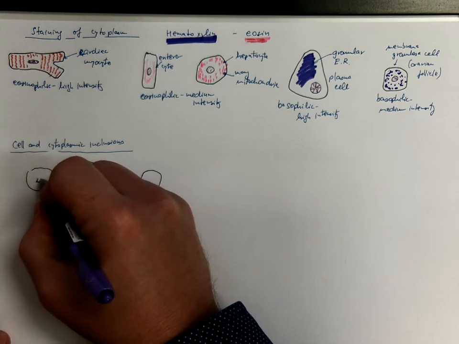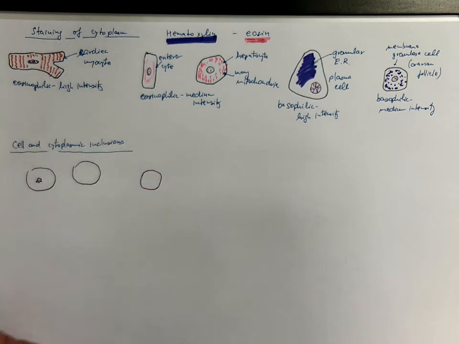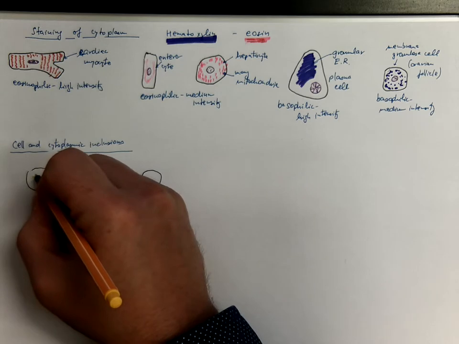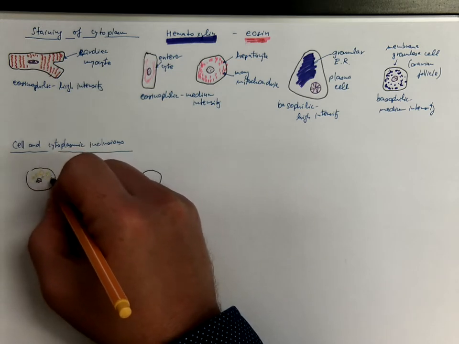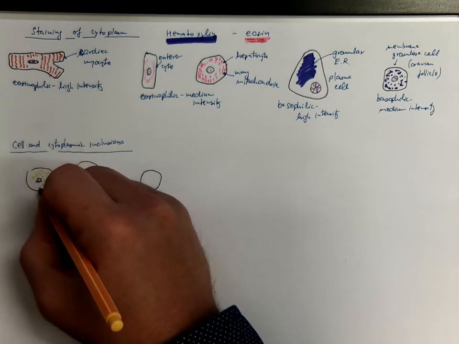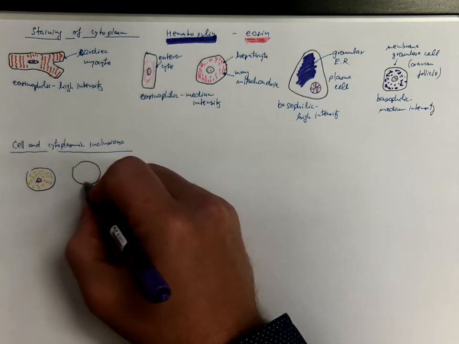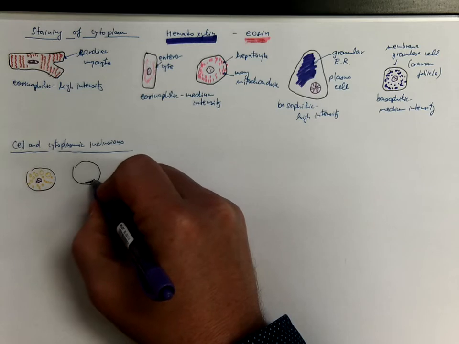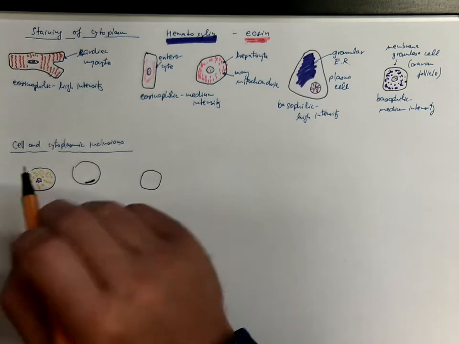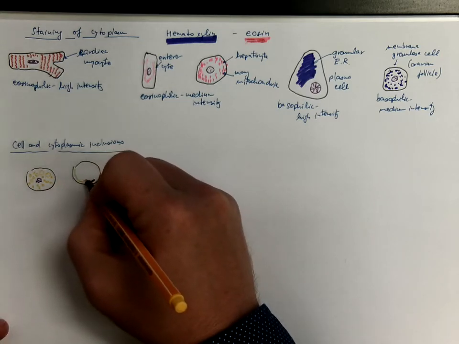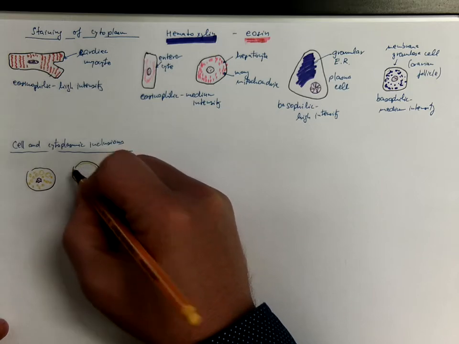This is a young fat cell where there are multiple lipid droplets distributed in the cytoplasm, and the fully differentiated mature fat cell where the lipid droplets have fused into a single large lipid droplet.